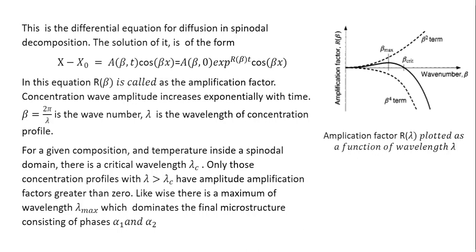As a consequence of the balancing of these, you get a curve which initially increases and is positive, and then beyond a critical value of β the curve becomes negative. So in the positive quadrant this curve has a maximum value.